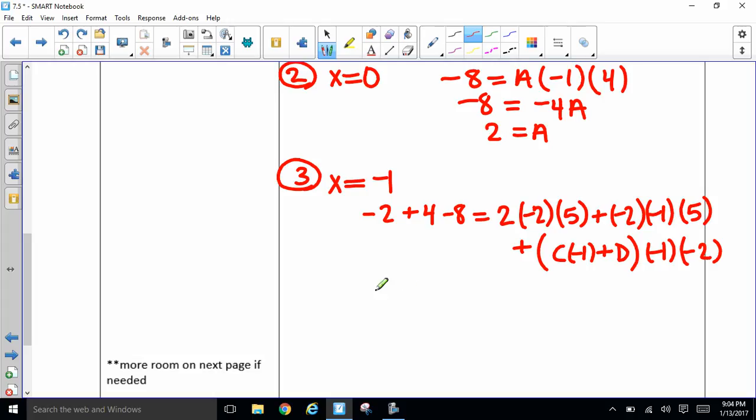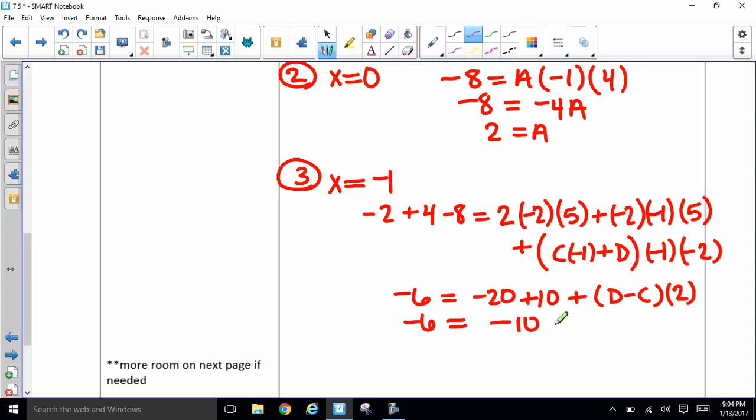Okay, so I'm getting -6 equals -20 from that first part, plus 10 from that second part, and then I have plus d minus c times 2, so -6 equals -10, plus 2d minus 2c.